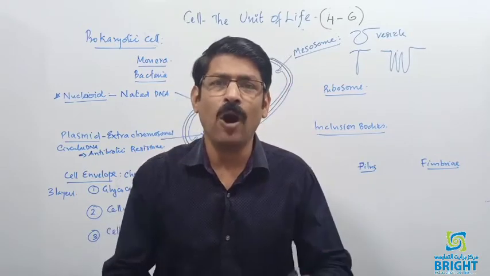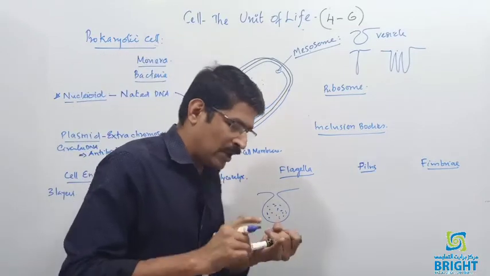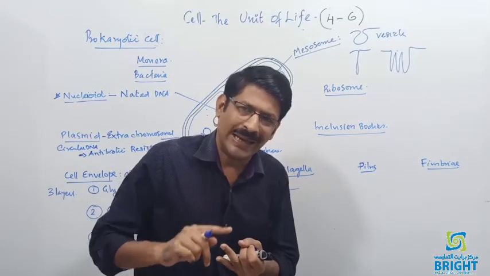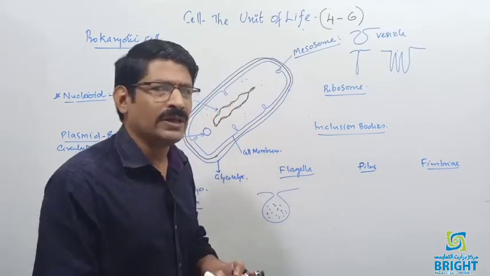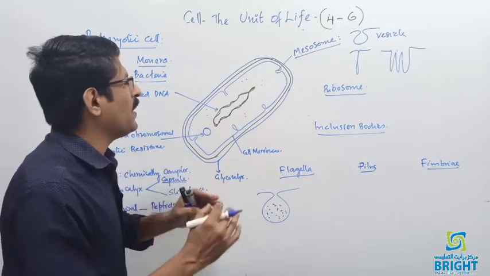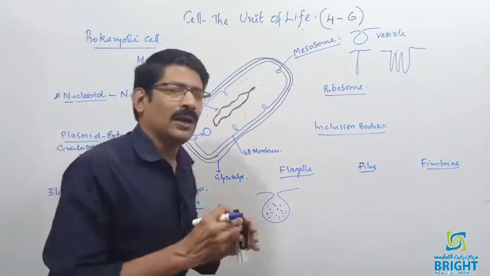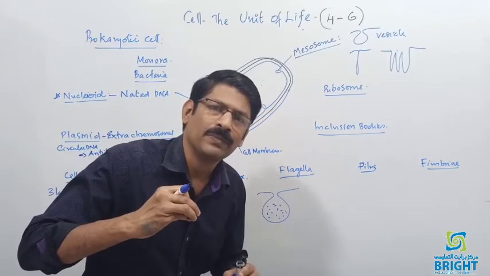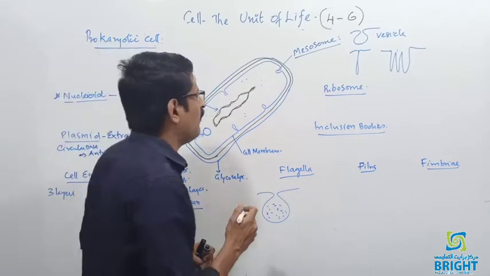They perform various metabolic activities like the respiratory process or the secretory process, and also DNA replication, cell division, and cell wall formation. Even certain chromatophores are present in the photosynthetic bacteria or cyanobacteria, filled with photosynthetic pigment, and they undertake photosynthesis.